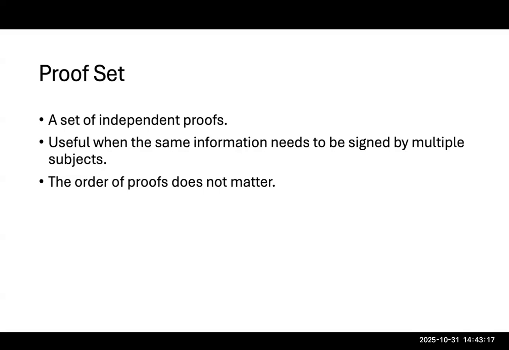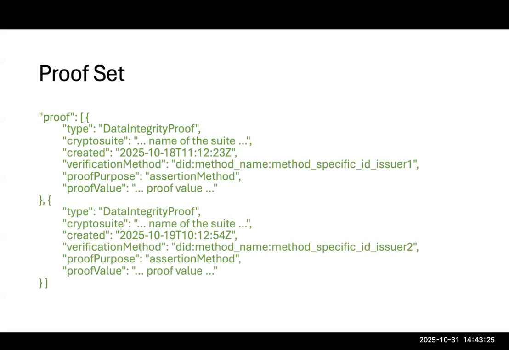With proof set, the order of proof does not matter. What does it mean? The property proof is essentially a vector of proofs. You can see there the first proof, made by issuer 1, and a second proof made by issuer number 2.